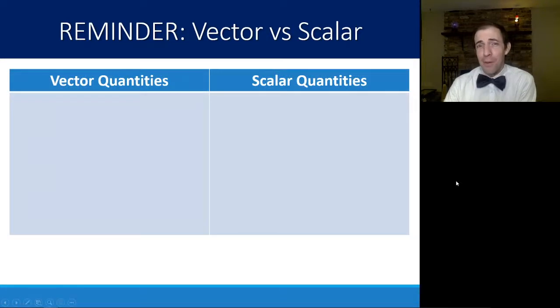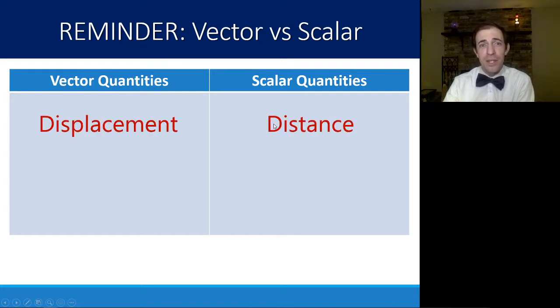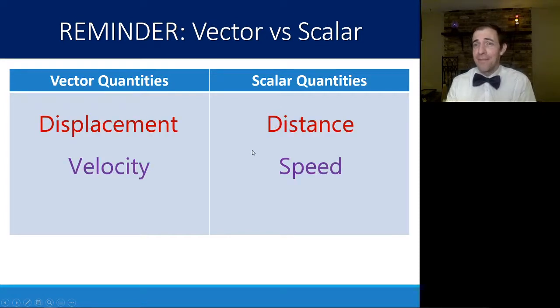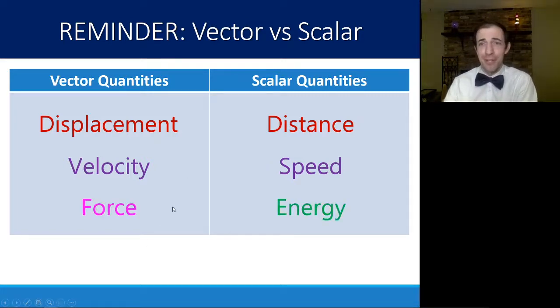The other thing that I want to review here before we jump in is this idea of vector and scalar quantities. In our motion unit, we talked about vector and scalar quantities in a variety of different ways, but the main ones were displacement versus distance and velocity versus speed. The key difference here: a vector quantity has a direction to it. I also previewed 2 quantities that we'd be hitting later on, force and energy.